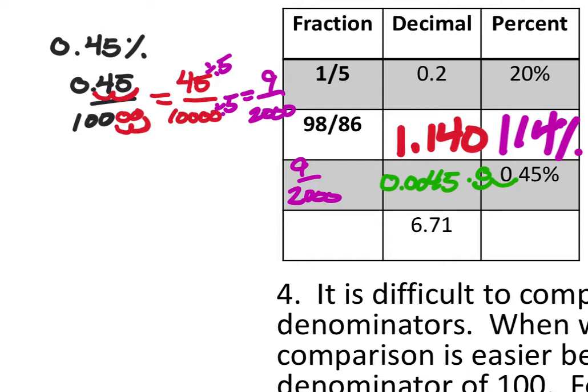So if I look at the decimal there, 6.71, and I wanted to change that to a percent, see how I moved the percent decimal 2 times to the left? So for this one, I would move the decimal 2 times to the right, which would then make this 671%. Okay? And actually, that is how I'm going to change this into a fraction now that I have the percent. Not that I would really need to.